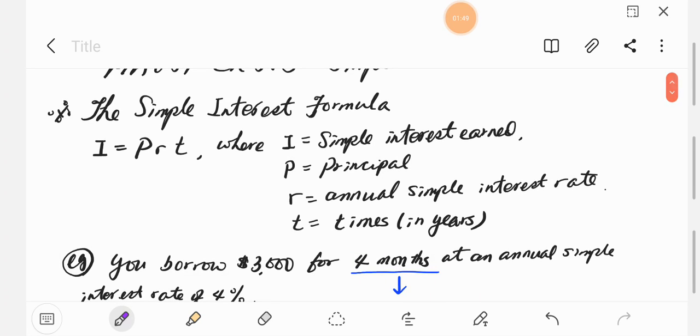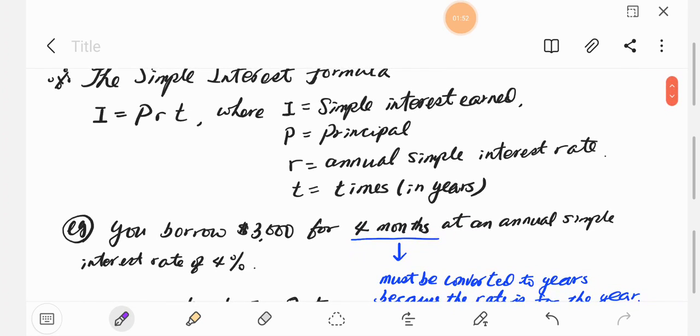And this interest is based on the annual rate. The percent used to determine the amount of interest to be paid is the interest rate. The interest rates can be given as years, months, or whatever, but usually we use the annual interest rate.